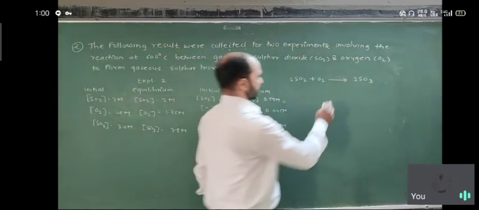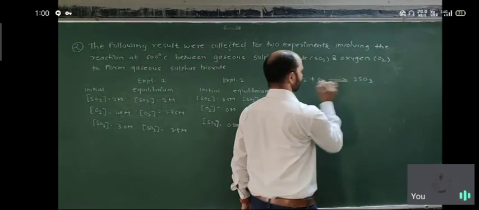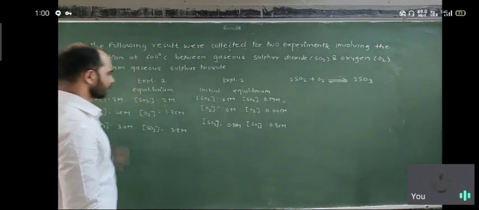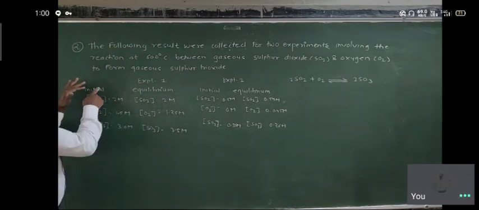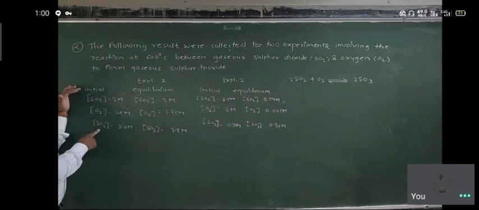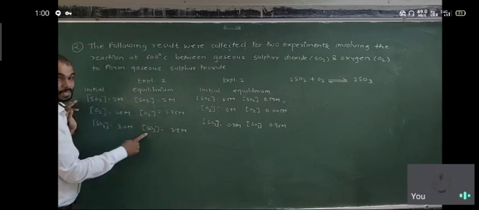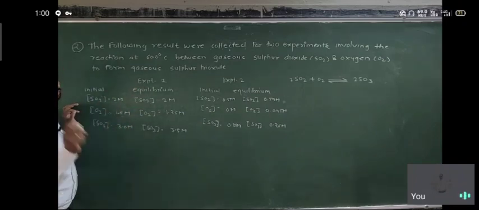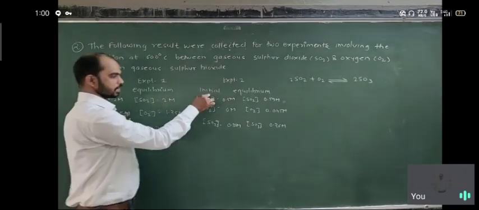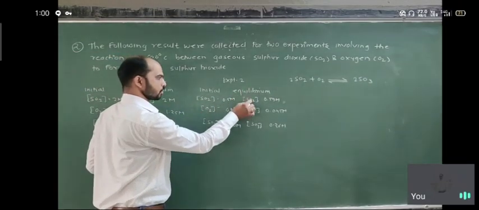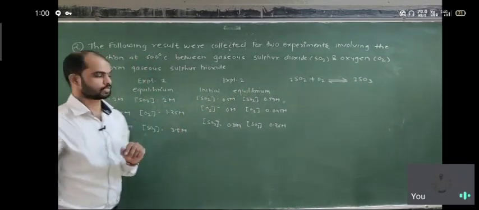So when this reaction is carried out, there is data given. In experiment number 1, the initial concentrations are given, and the concentration at equilibrium. Basically, we consider the concentration at equilibrium. In experiment number 2 the initial concentrations are given and the concentrations at equilibrium are also given.